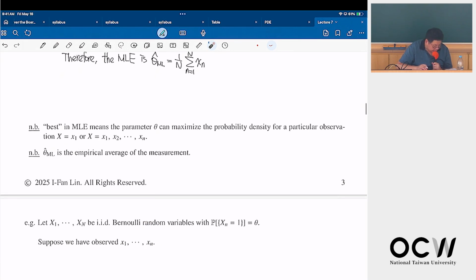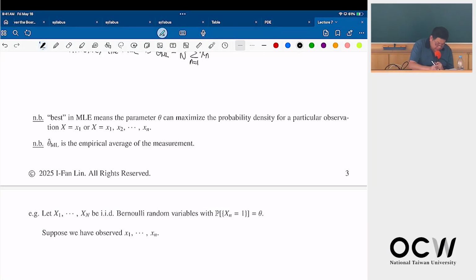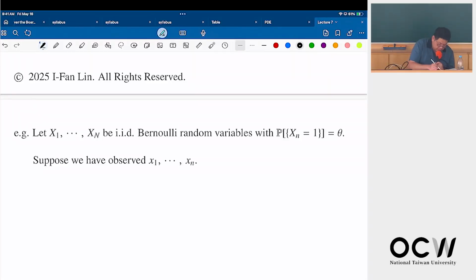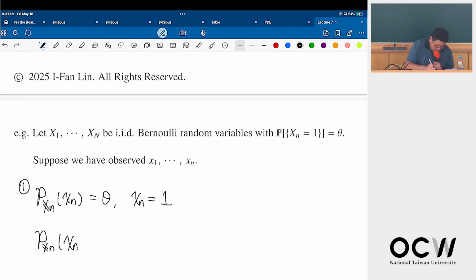So first, we can write it down. The PMF of xn is theta when this observation is 1. Otherwise, it is 1 minus theta when the observation is 0.